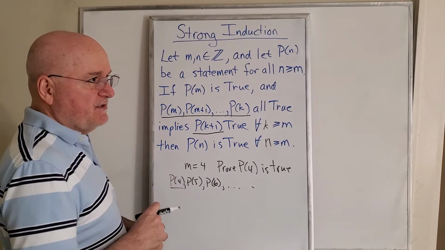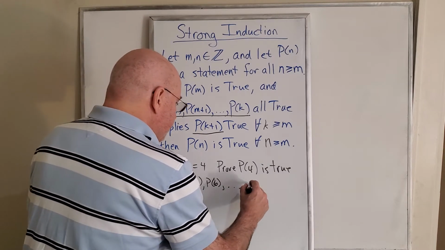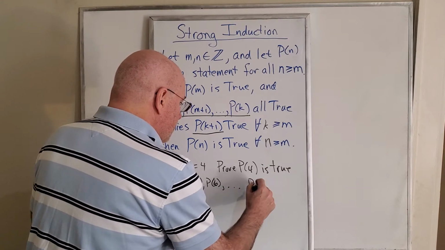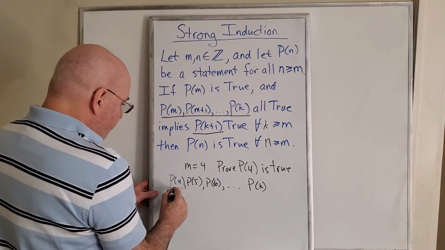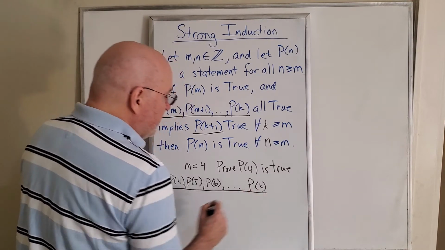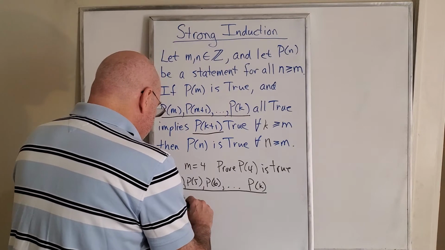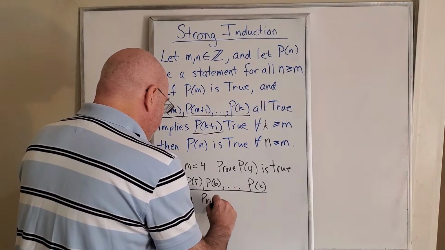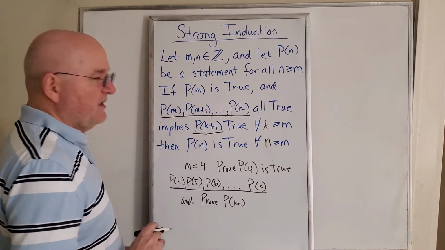We might have to prove more, but we'll see that in another video. But if we show that for all values of k, if I assume P4 through Pk are all true, and prove Pk plus 1 is true, then we're done.